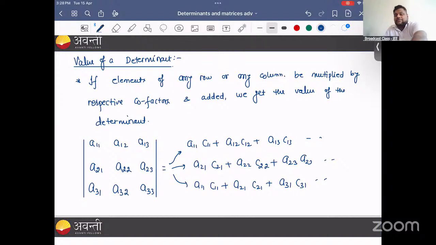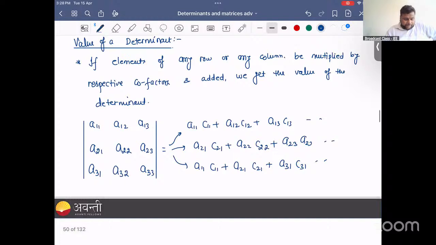Am I correct? Write down quickly. This is the value of the determinant.